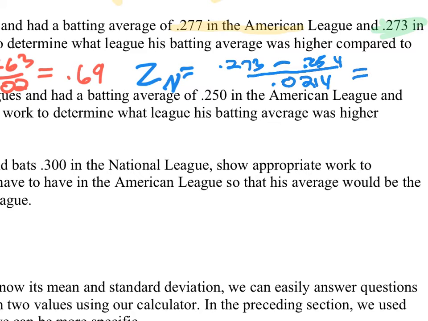Final Z score is 0.88, if I just take two decimals. Normally we use 4, but we're just trying to prove a point here. He did better when he had a higher average in the American, but against his peers, he was a stronger batter in the National League. That's pretty close to 1 standard deviation above.